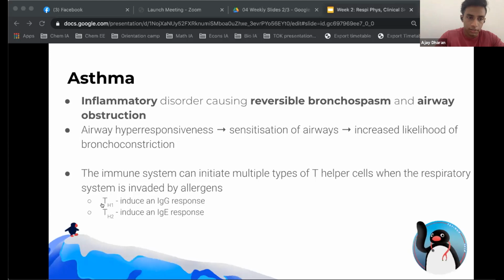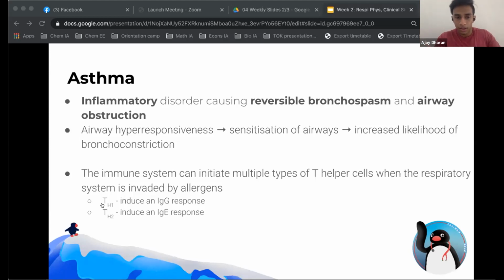So TH2 induces an IgE response, and it causes sensitization of the airways and bronchoconstriction. Asthma is related to allergy, and it's either intrinsic or extrinsic, and the extrinsic form of asthma is basically related to allergies.